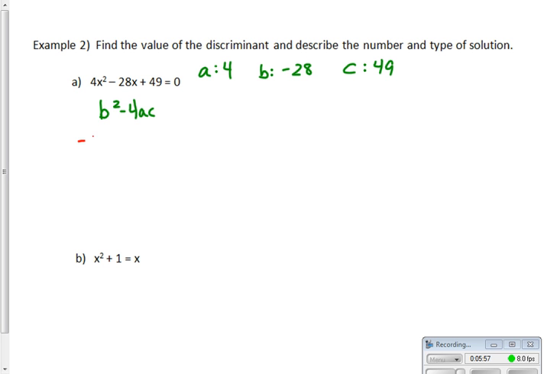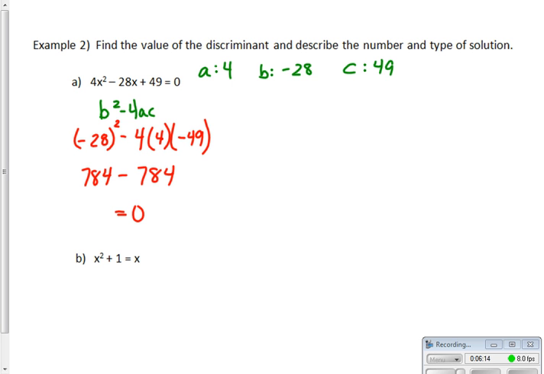We're going to go ahead and plug that in to the discriminant. So we get -28 squared minus 4, in for A is 4, and in for C is 49. We wind up with 784, take away 784, which is going to give us 0.